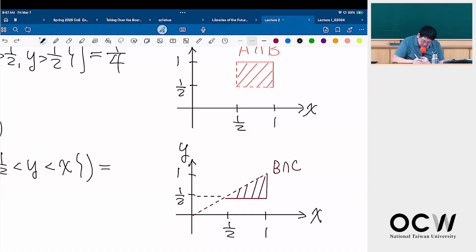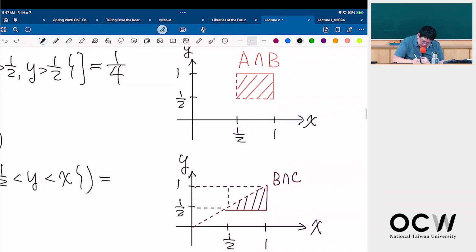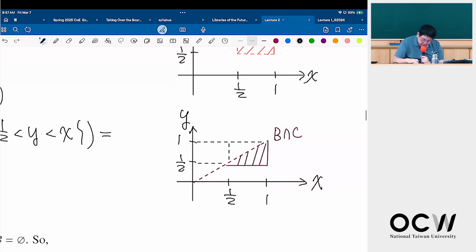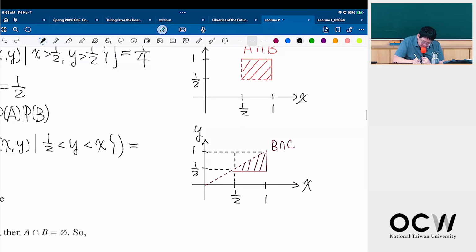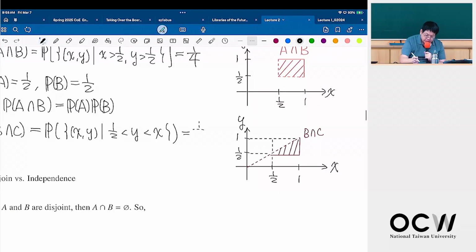This area is 1/8 of the total area. So this is 1/8.